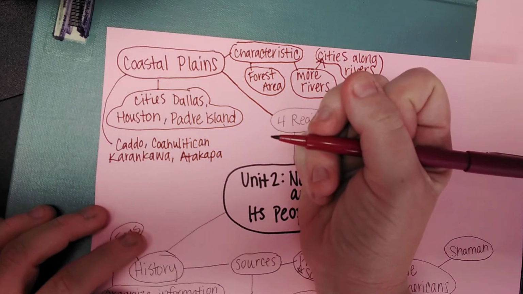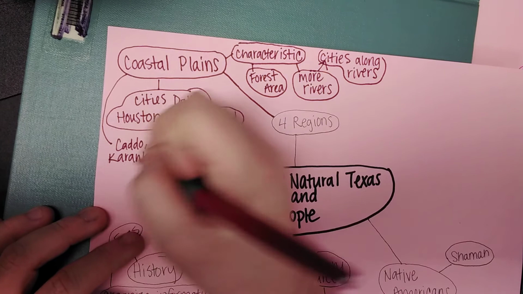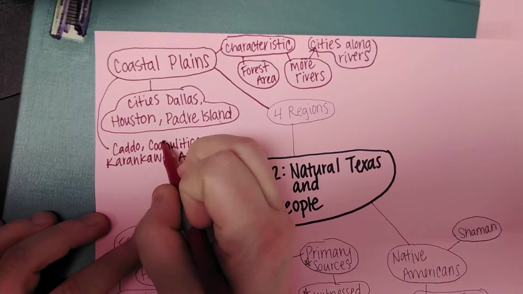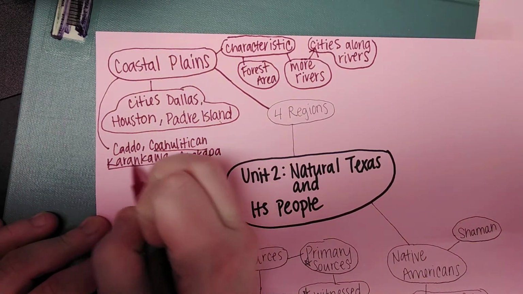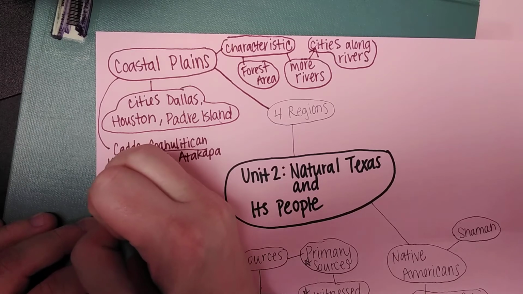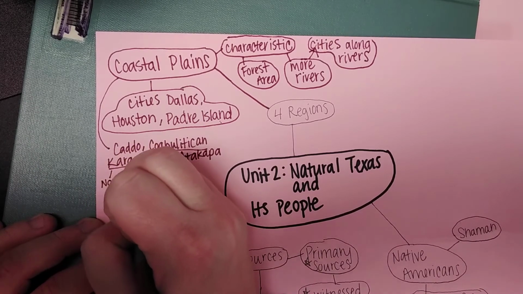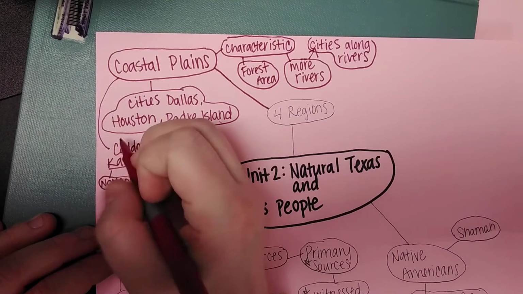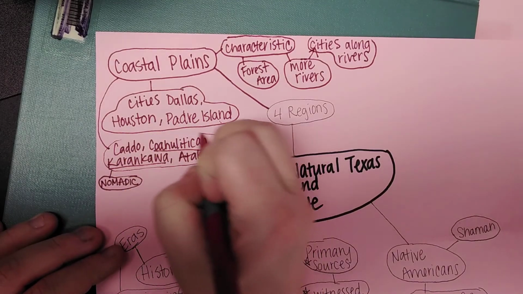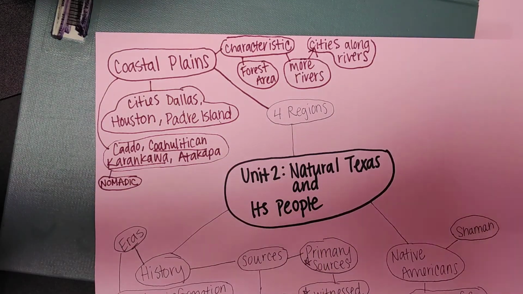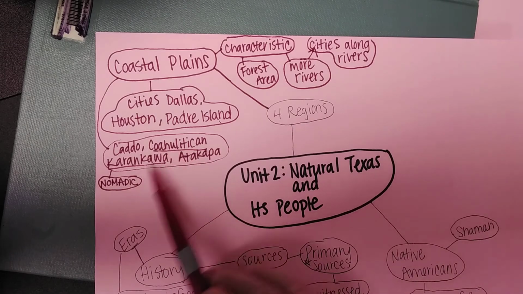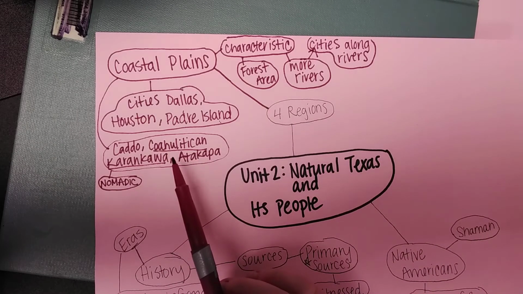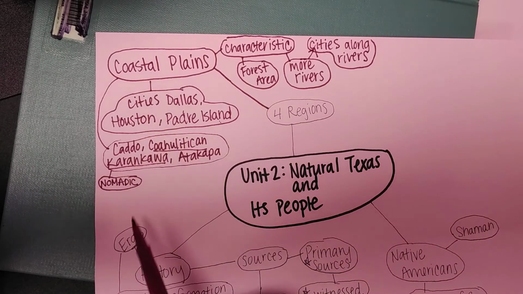And some of these are nomadic, but this one and this one are nomadic. And that means that they're going to move around and look for food. And it specifically asked you on the test, what do these 2 tribes have in common? And it's that they are in the coastal plains and they're nomadic.